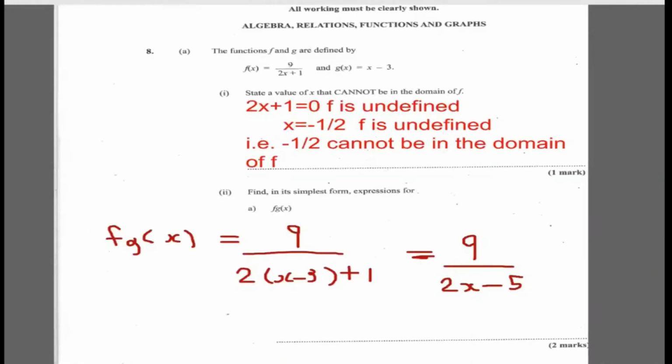Now find f inverse. Remember, f is 9 over 2x plus 1. We need to find f inverse, so what we're going to do is interchange x and f.